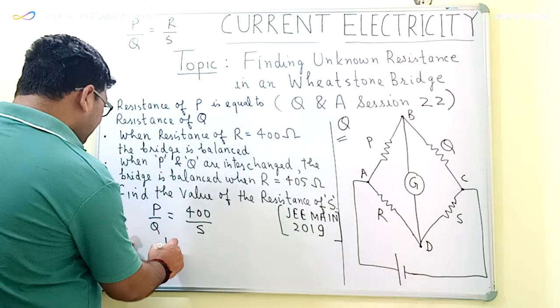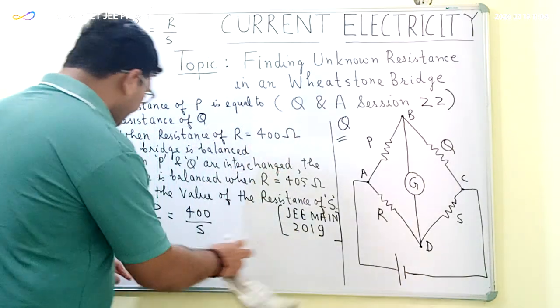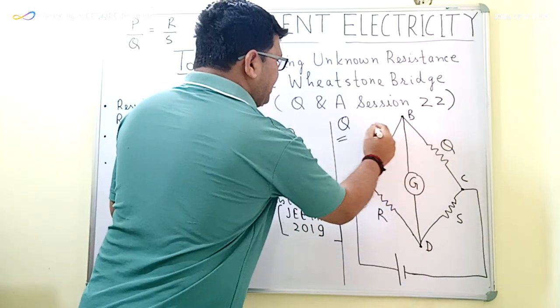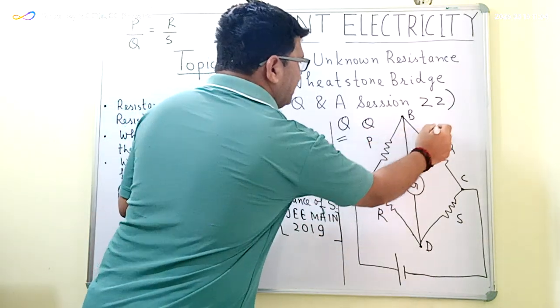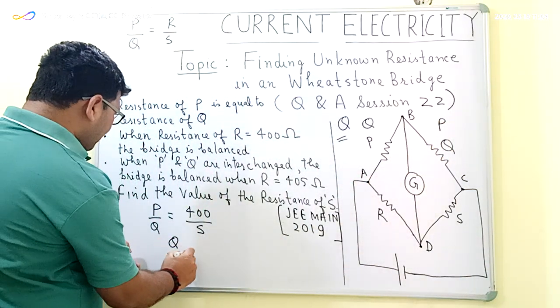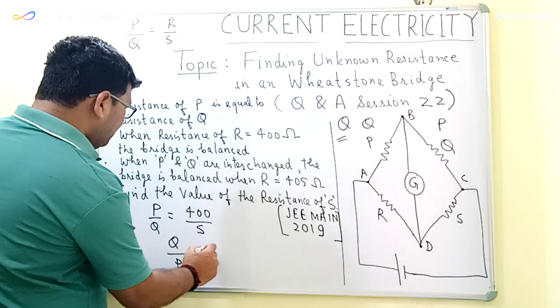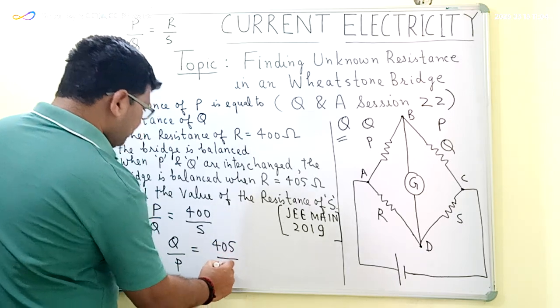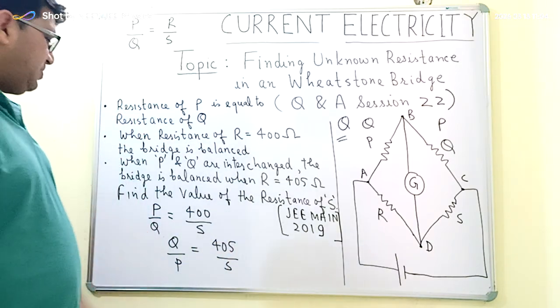So in the second case, this resistor is placed here and this resistor is placed here, and the equation will be Q upon P is equal to 405 divided by S. So these are the two relations which we have got.